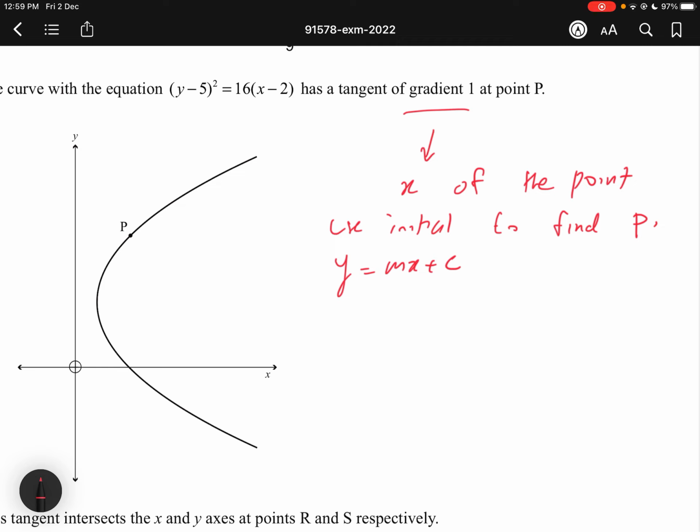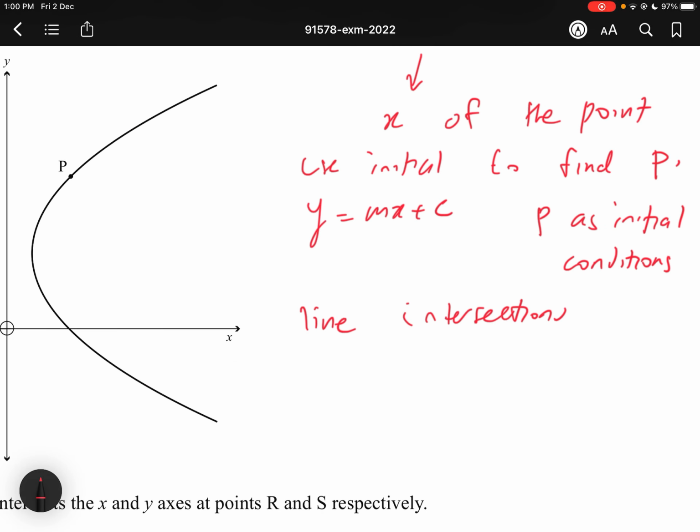And we can use point P as an initial condition. And then, using some line intersections, we're going to find the length of RS.